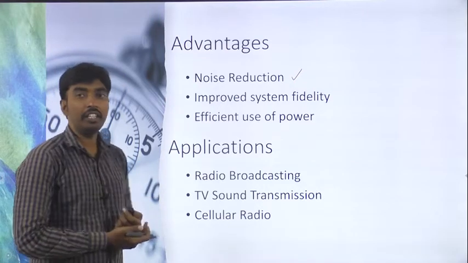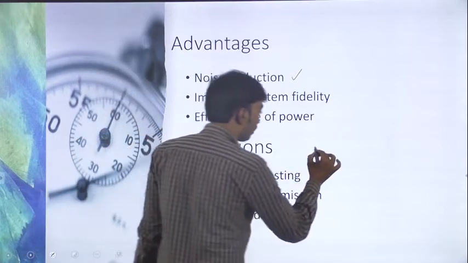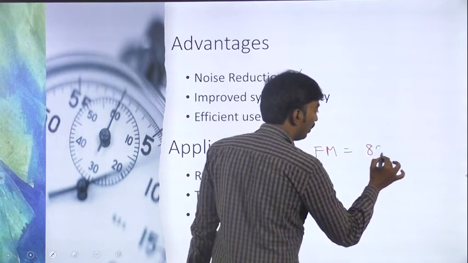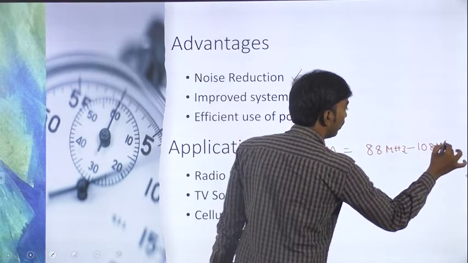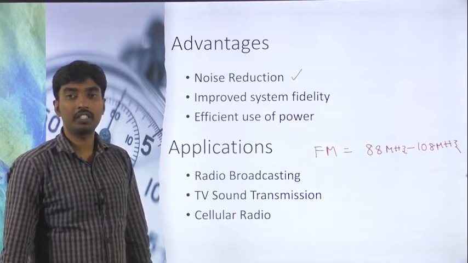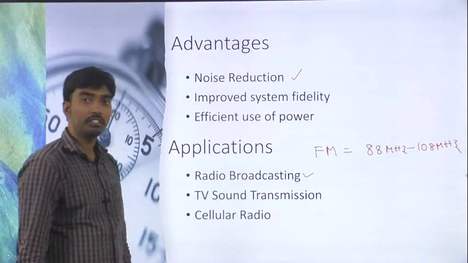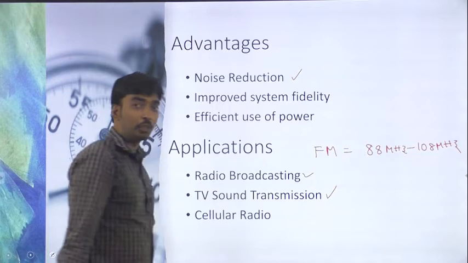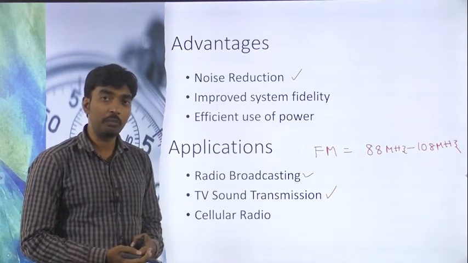And the applications where we can use: radio broadcasting, right? FM stations operate in the frequency range of 88 megahertz to 108 megahertz. All FM stations will utilize this frequency modulation. And TV sound transmission, as I told you earlier, for video transmission we are using VSB, vestigial sideband modulation.